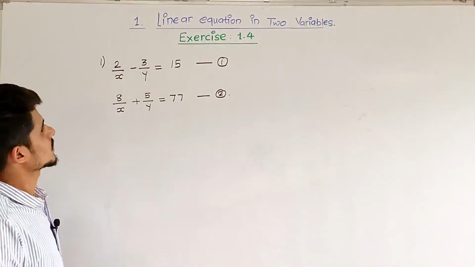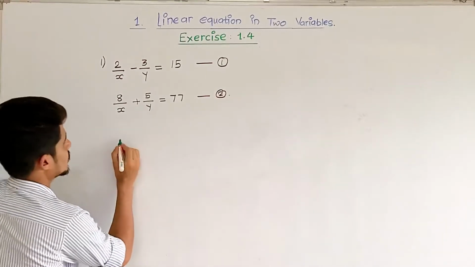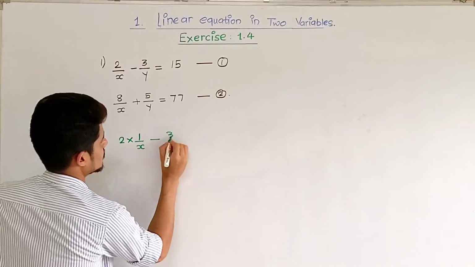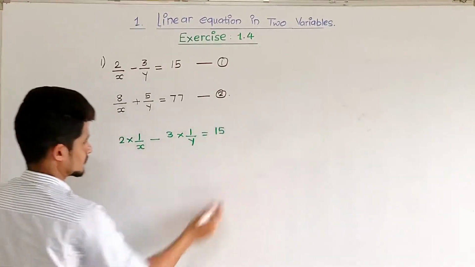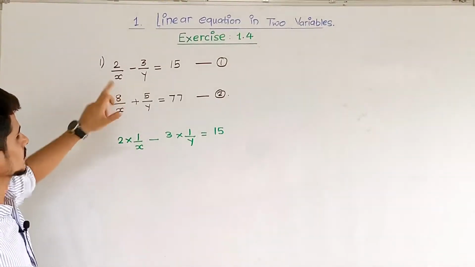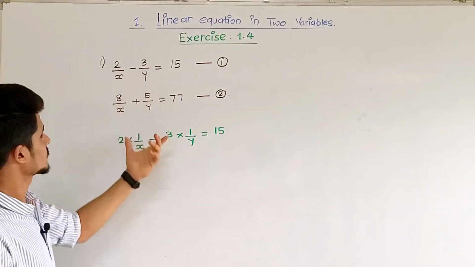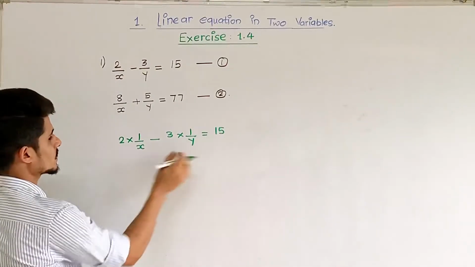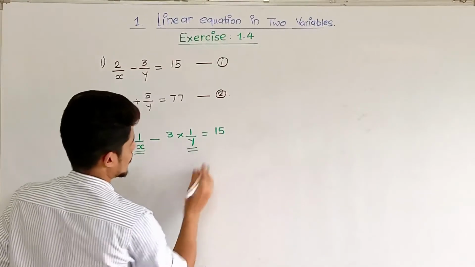So in the equation 1, if I expand the equation, it will look like this: 2 into 1 by x minus 3 into 1 by y is equal to 15. 2 into 1 by x is 2 by x and 3 into 1 by y is 3 by y. So I have just expanded this equation, and after expanding, we will substitute 1 by x as a and 1 by y as b.